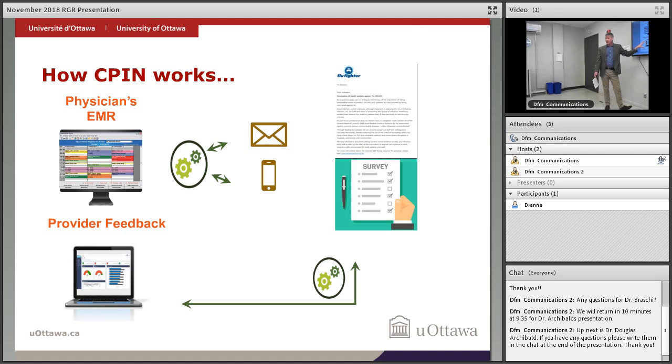Then what the software does, once the response from the patient, which is either sent as a text message or as an email, the software then puts that information together in a report. And then that report can be used by the provider for quality improvement and possibly even professional development.